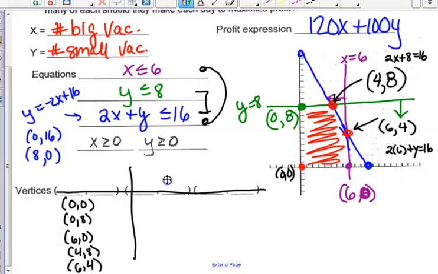All right, what is our expression we're evaluating? 120x plus 101.